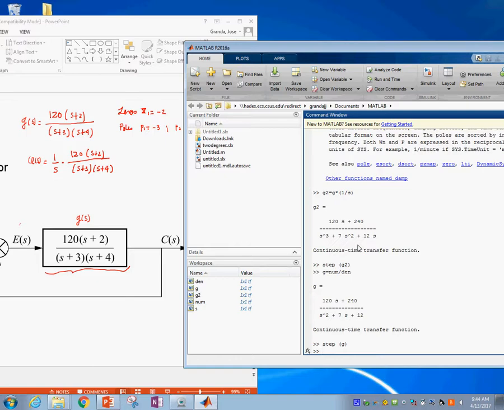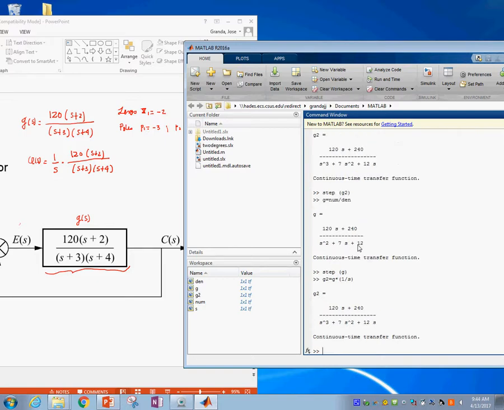So one way of doing it that would be easier to implement in here is define a new transfer function, G sub 2, which would be G times 1 over s. This is the new transfer function, G2.